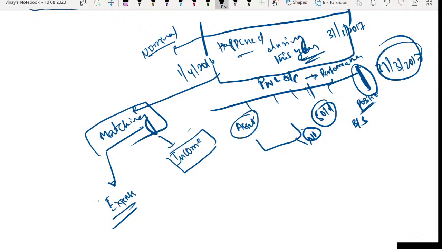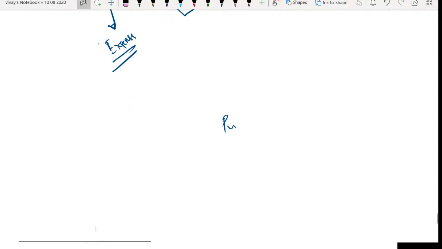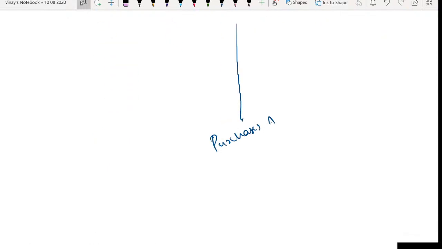For example, I made a purchase of goods of 50,000 units during the year. As per the periodicity concept, you have to record it, so I'm recording it.